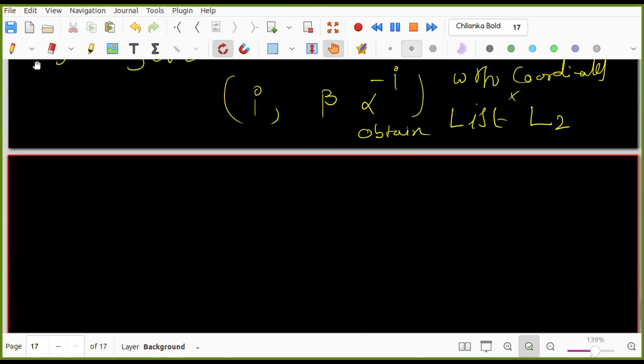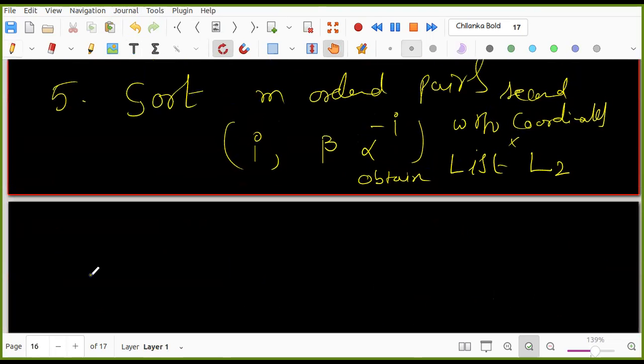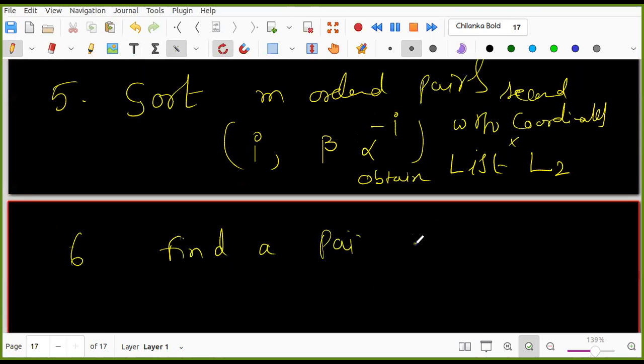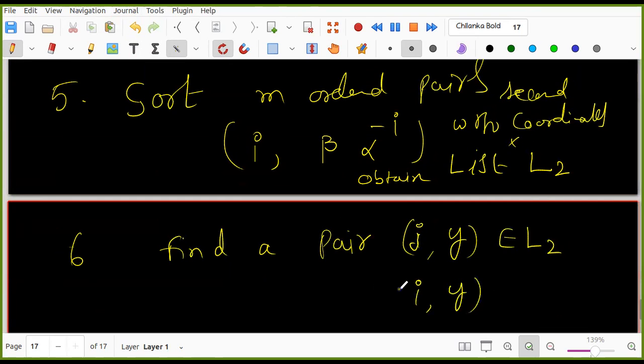Now the sixth step: find a pair j comma y belonging to L1 and i comma y belonging to L2, with the same y value. They will coincide at least at one point.